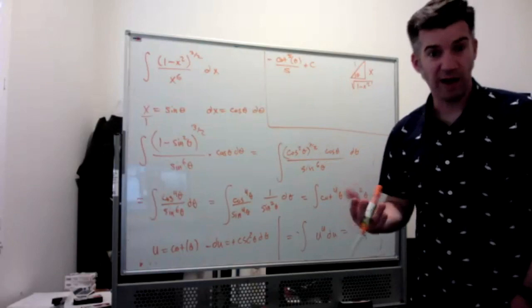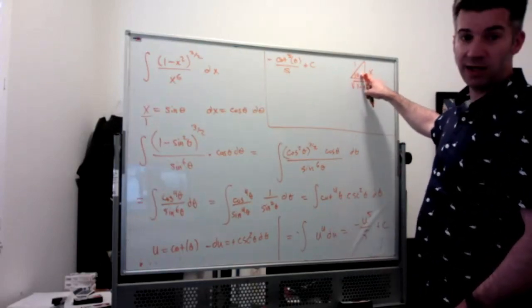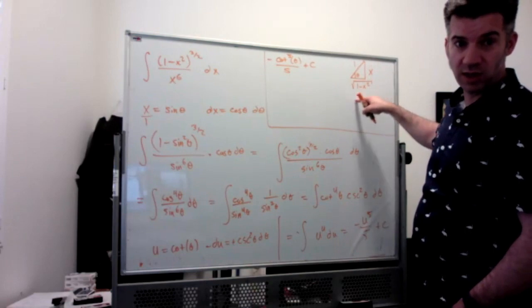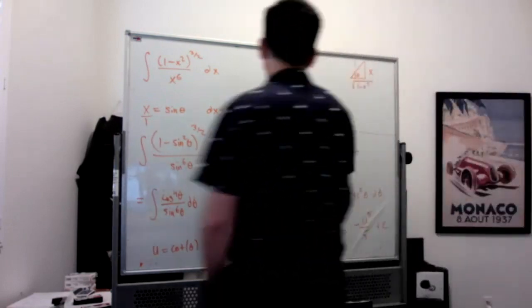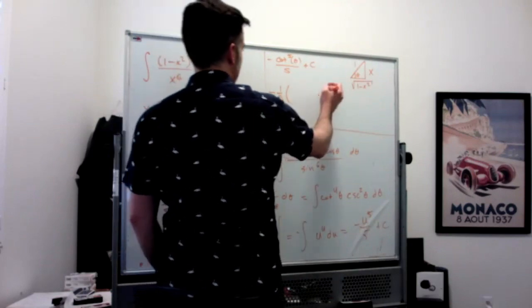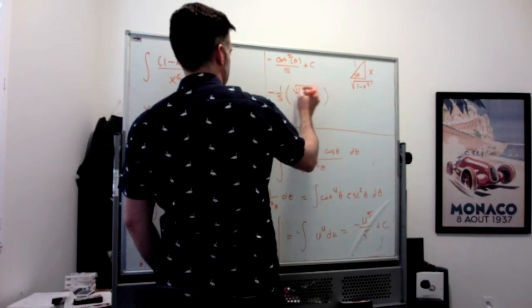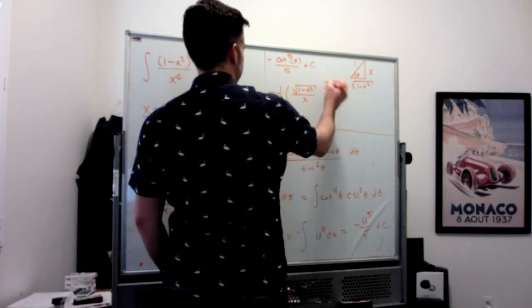You could also use the Pythagorean theorem to figure it out. Cotangent of theta, well, tangent is opposite over adjacent, so cotangent is adjacent over opposite. So I get negative 1/5 cotangent, which is the square root of 1 minus x squared over x, all to the 5th power.